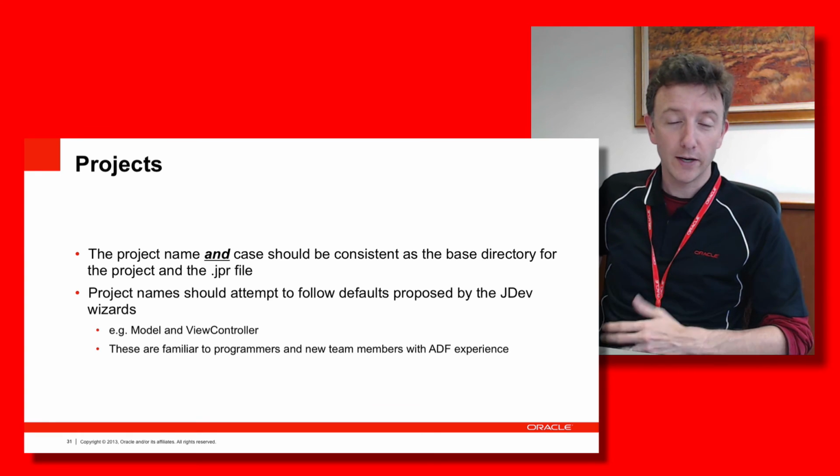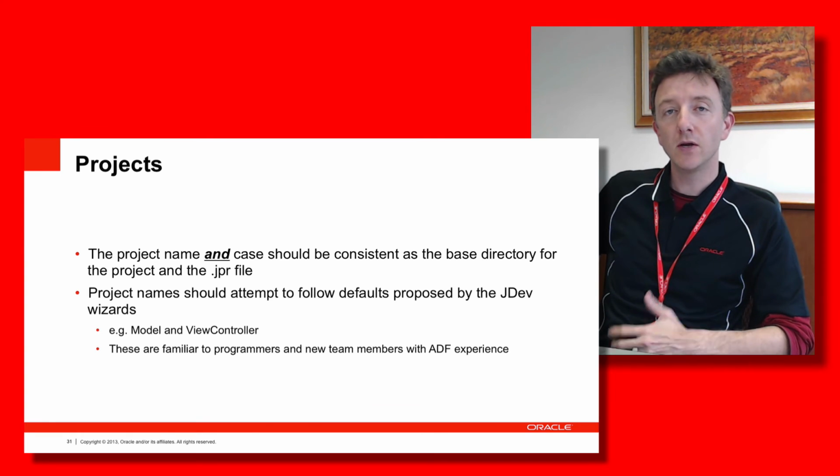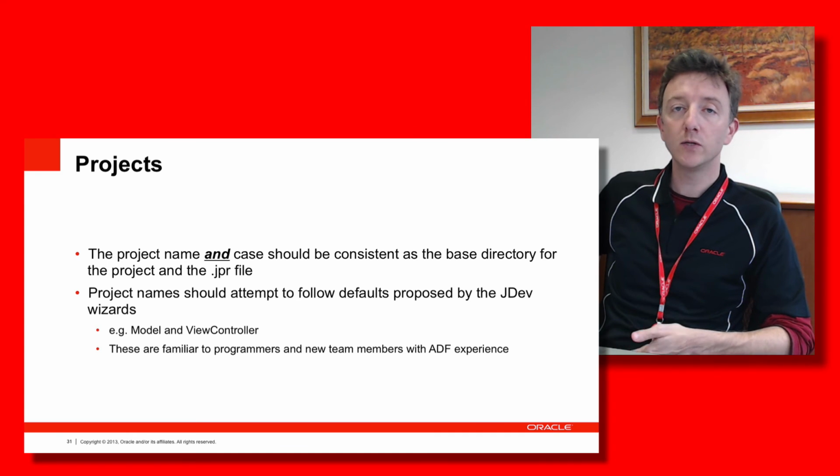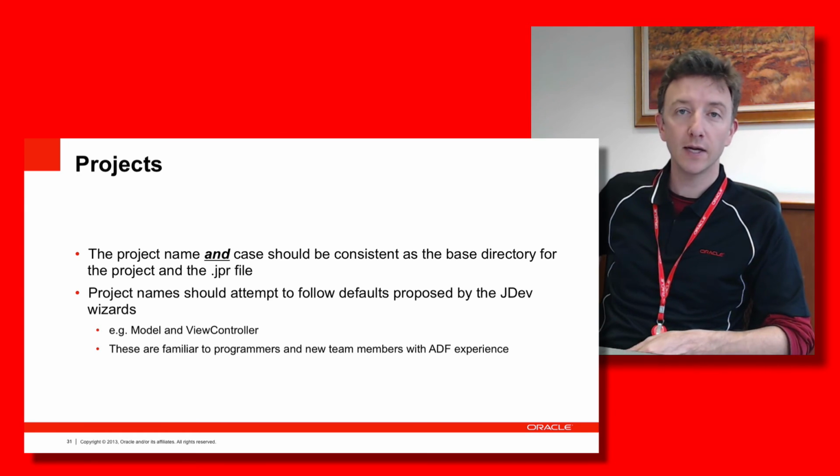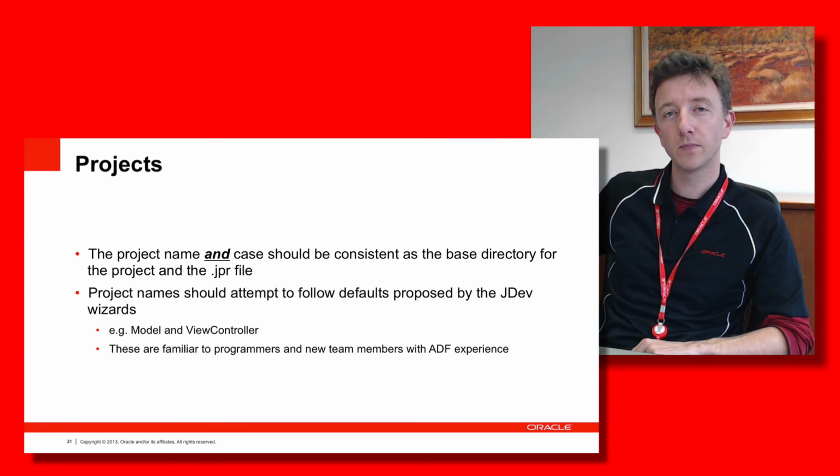I'm in no way criticizing my fellow colleagues, but you have to remember that with naming conventions and project layout conventions, it's about reducing the learning curve of new developers coming on board. So while you can change the name of absolutely everything and the layouts, do you really want to? Maybe you want to keep with more of the generic conventions that all ADF developers will be familiar with.